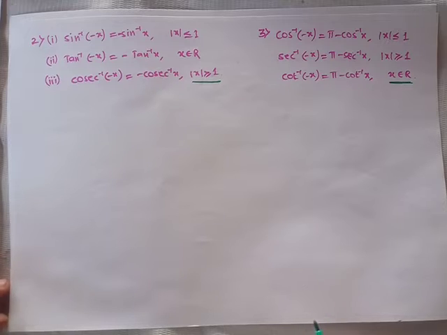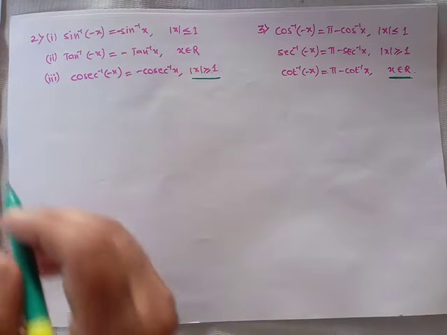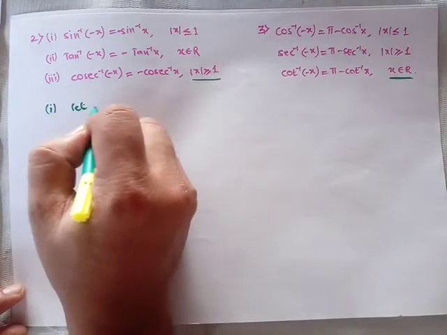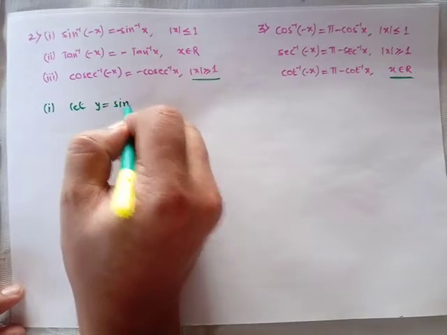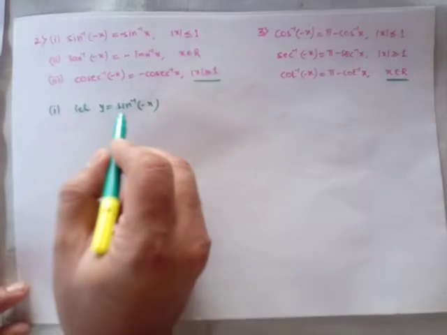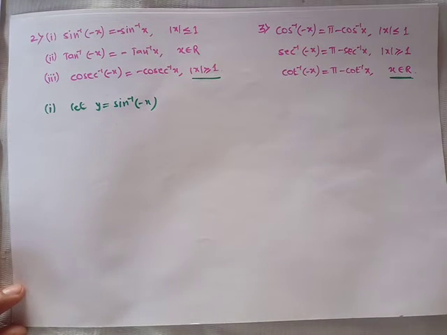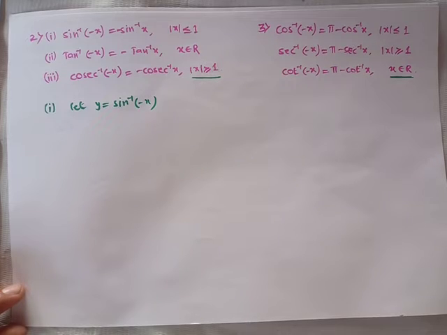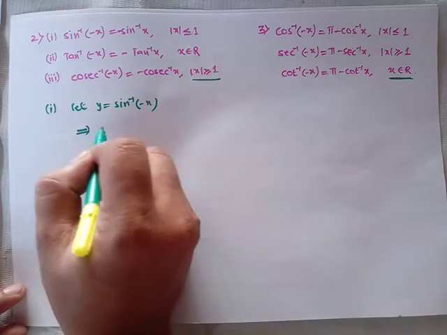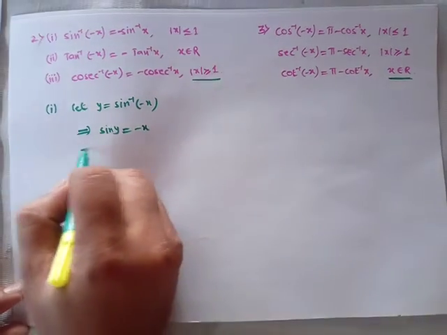Now proving any one of them will give the same idea. Take the first one. Let y is equal to sine inverse of minus x. Now send this sine inverse to the left hand side, then it will become sin y is equal to minus x.